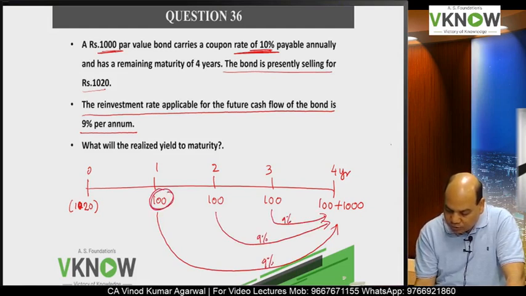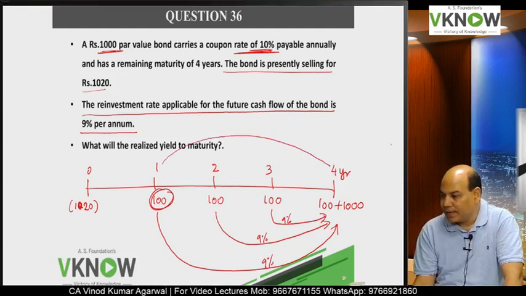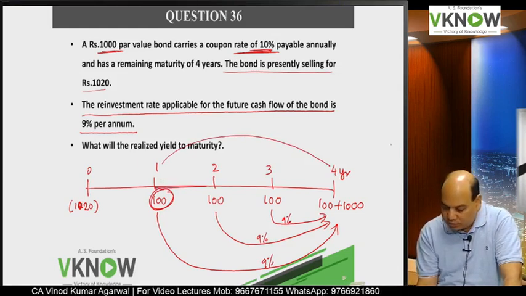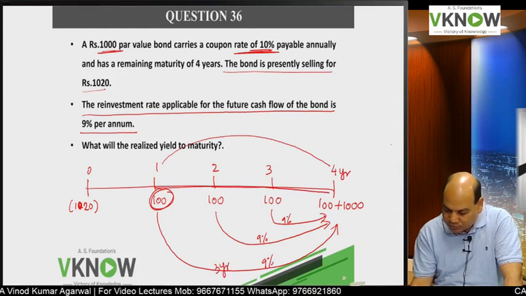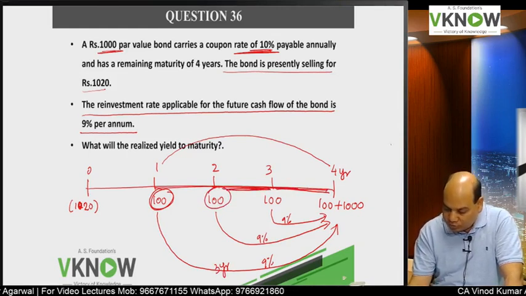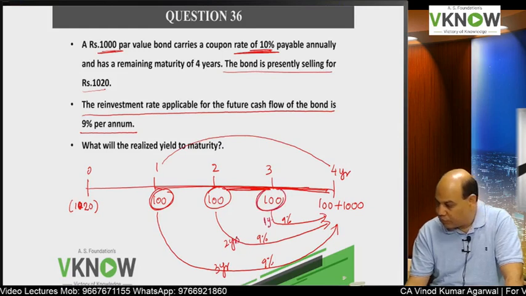Cash flow of year 1 will be invested for how many years? 1, 2, 3. So it will be invested for 3 years. Cash flow of year 2 will be invested for how many years? 1, 2. So this will be invested for 2 years. And this 100 rupees will be invested for 1 year.